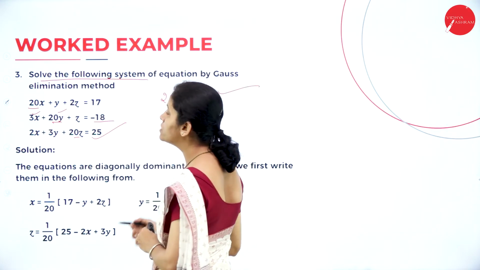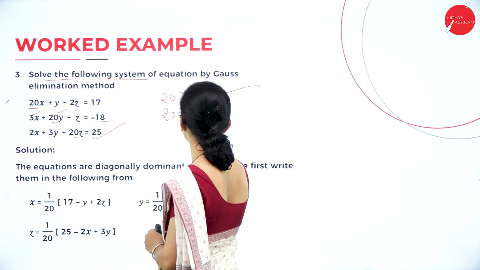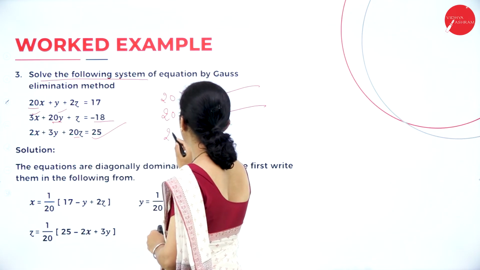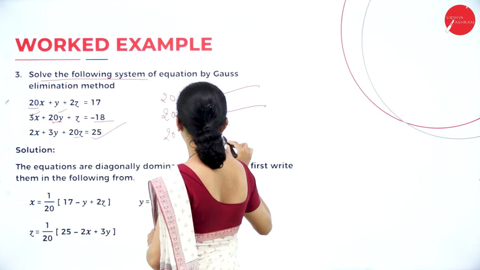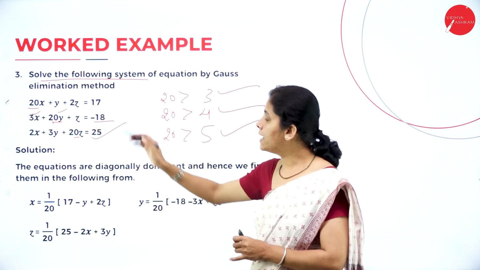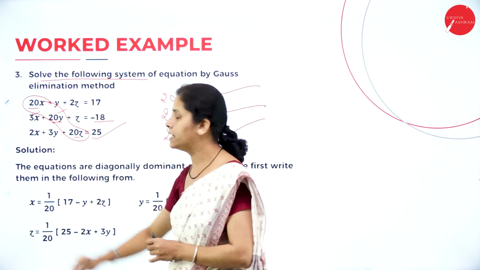Okay, fine for the first equation. And if I consider the second one, 20 greater than 4. So it is fine. Now if I consider the third one, 20 greater than 5, it is true. Okay, so all the values are diagonally dominant.